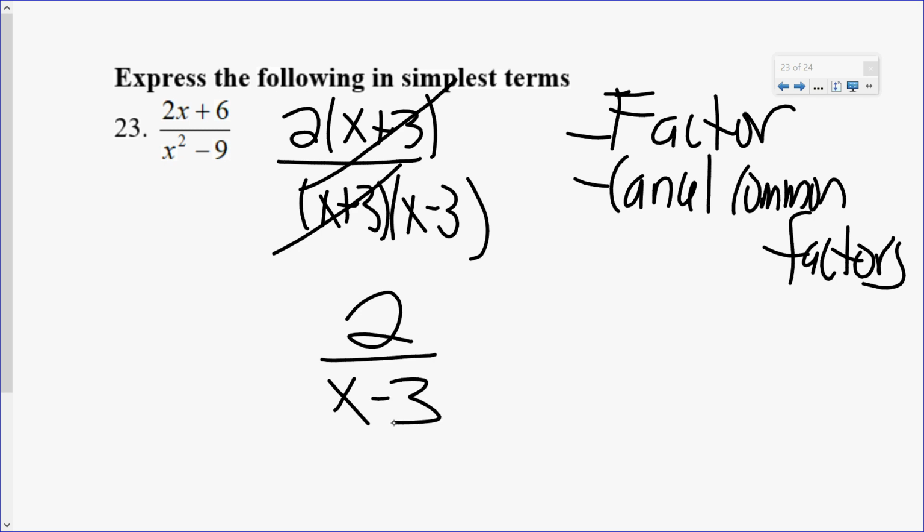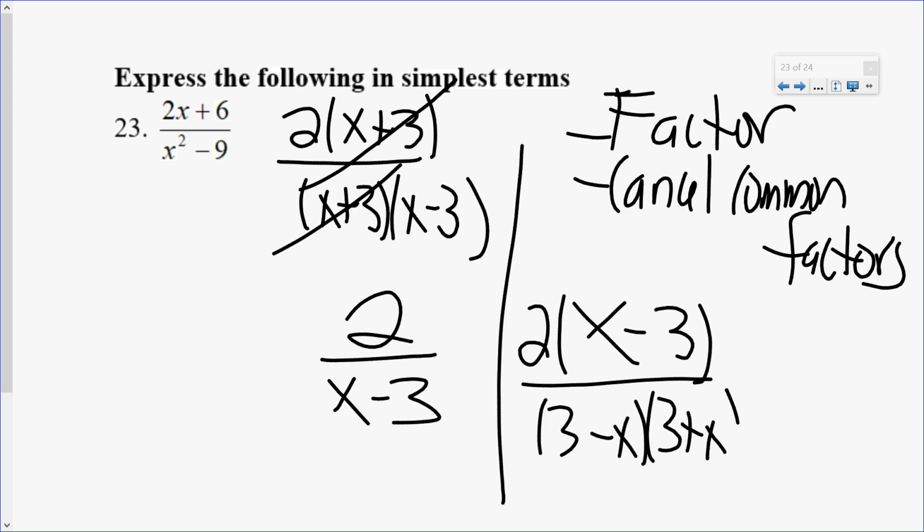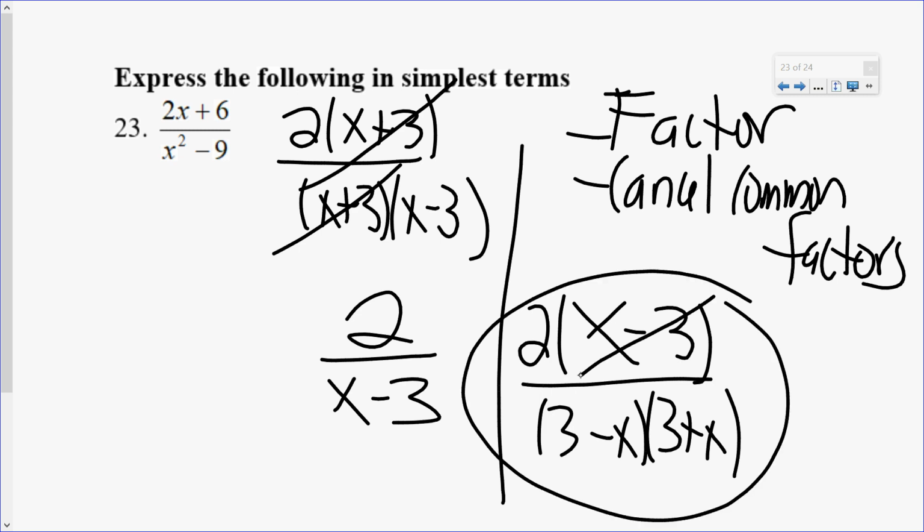The only twist that comes up in this lesson, if you had, let's just say, 2x minus 3 over... and I think the next example is like this, but I'm not going to go over it now. If you had something like this, because it's a binomial written backwards with a minus sign, it cancels, but it cancels to -1.